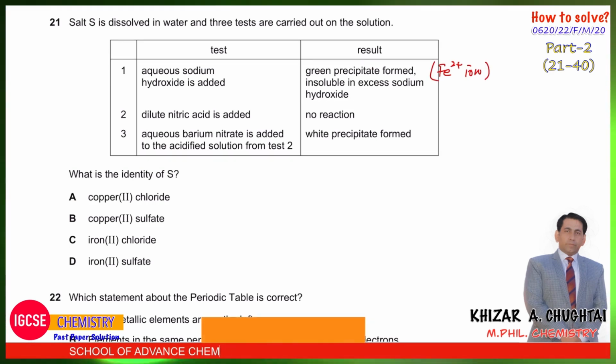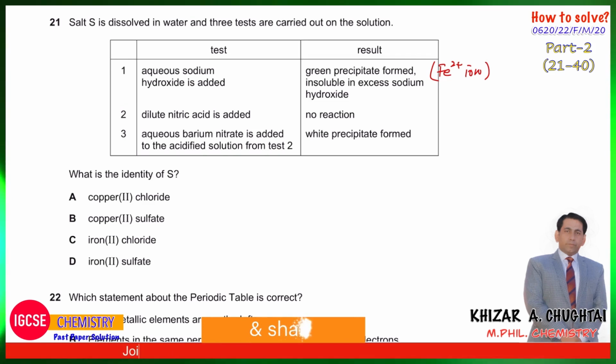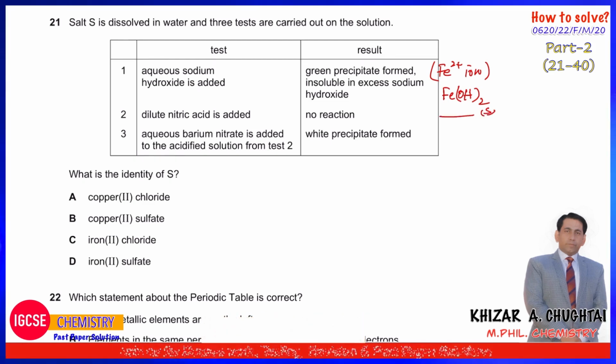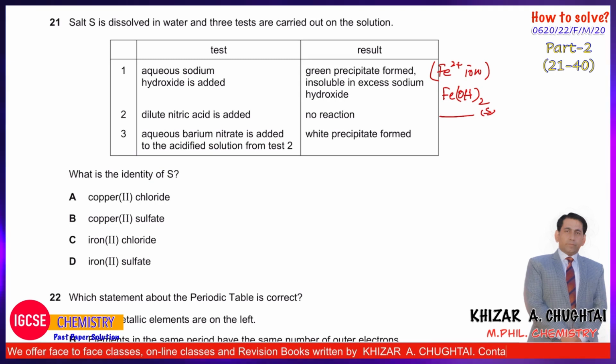When Fe2+ ion reacts with the OH- ion, it makes Fe(OH)2. It's an insoluble solid, which is said to be the precipitate, and that is insoluble in excess.